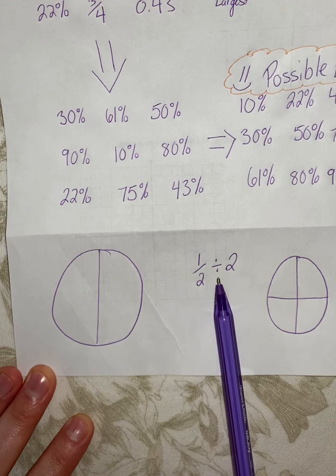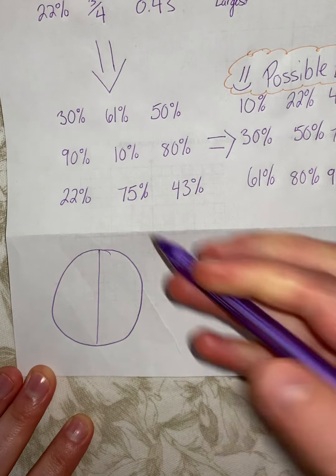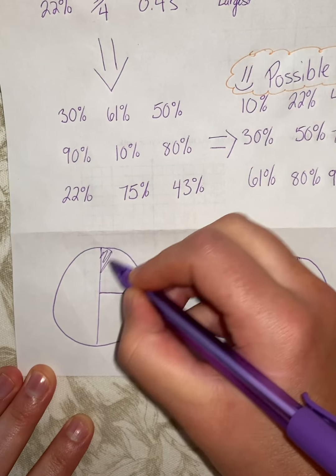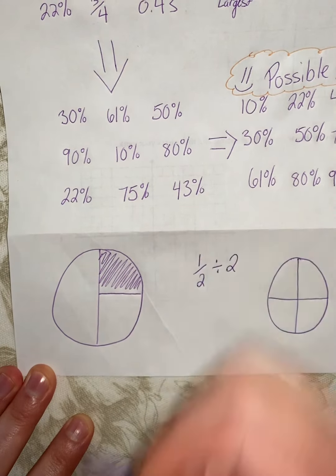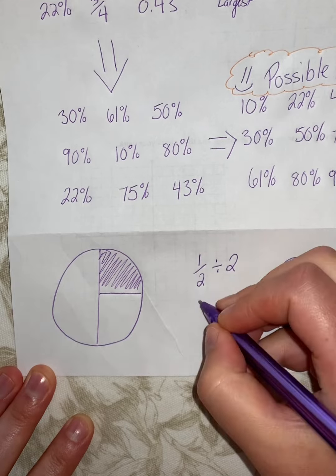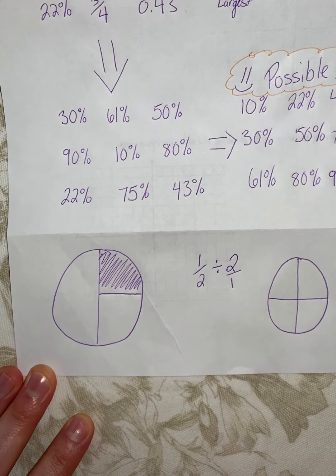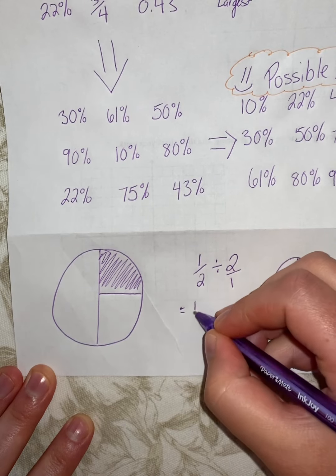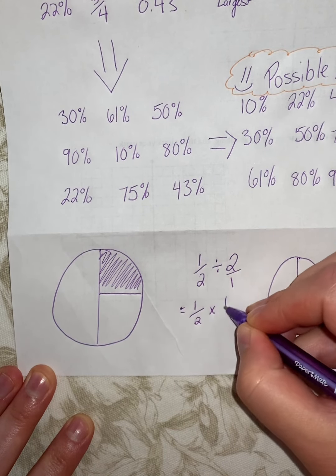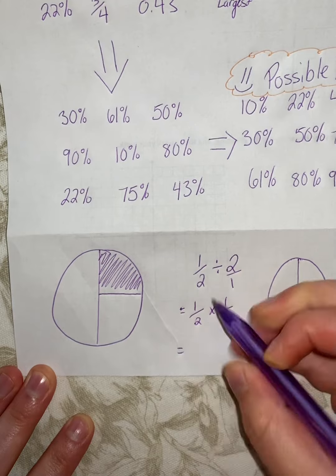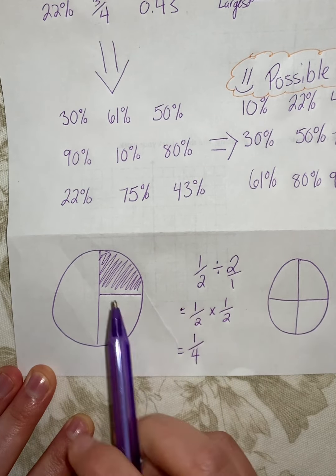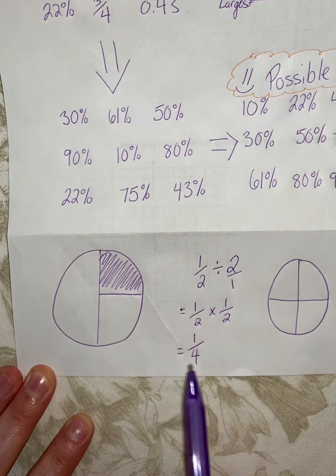If I have a half and I divide that half by 2, I now have a quarter. What someone did was figure out 2 over 1, because anytime you have a whole number, it's over 1. Somebody figured out that if you do this, 1 times 1 is 1, 2 times 2 is 4, magically it lines up.